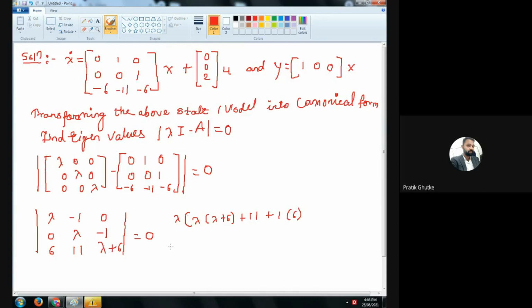Now solving this part, lambda in bracket lambda square plus 6 lambda plus 11, plus 6. Now solving this, what would we get? Lambda cube plus 6 lambda square plus 11 lambda plus 6 equals to 0.